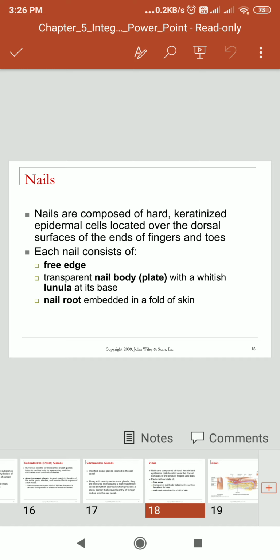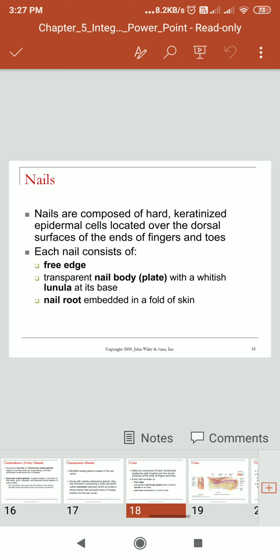The nails are composed of hard keratinized epidermal cells located over the dorsal surface of the ends of fingers and toes. Each nail consists of a free edge, a transparent nail body plate with a whitish lunula at its base, and a nail root embedded in a fold of skin.